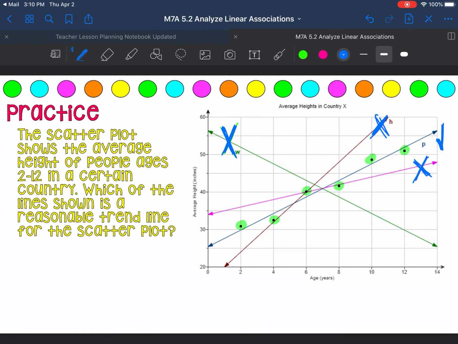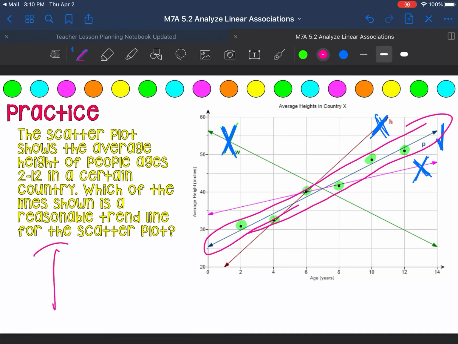So H isn't going to be very close either. So if I had to guess, my best estimate would be P. P would be the best, most reasonable trend line for this scatter plot.